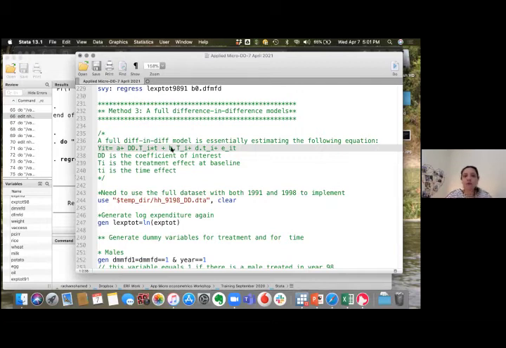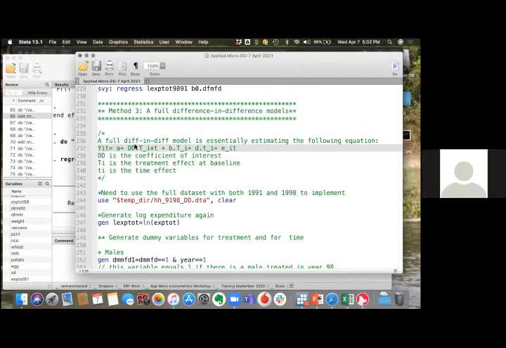Then we have small b, which is the coefficient of the treatment status, and small d, which is the coefficient of the time dummy. I think you mean gamma, right? Yes, b is gamma, d is delta, and DD is beta.